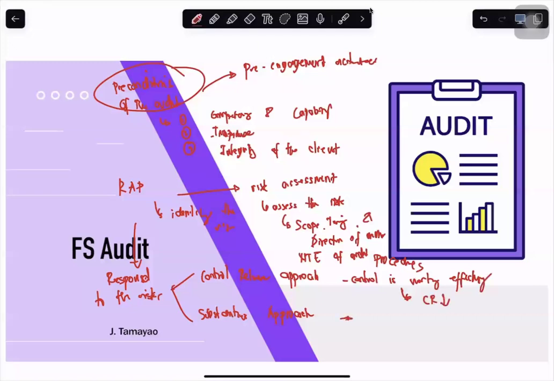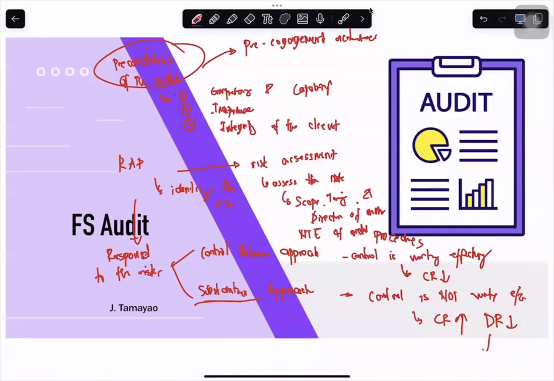In substantive approach, we say that control is not working effectively, then control risk is high. So since this is substantive approach, it means that your detection risk should be low. When detection risk is low, meaning more substantive tests.